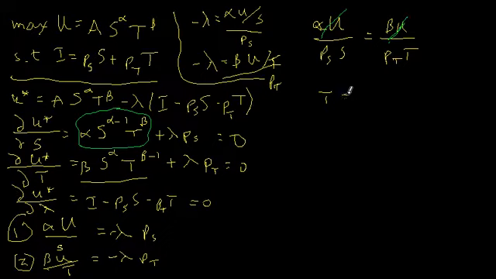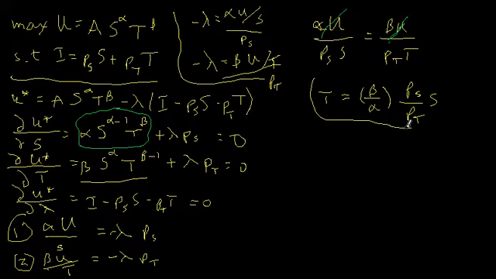So T is equal to beta over alpha times PS over PT times S. Now the next step is to substitute this expression for T in the income constraint.